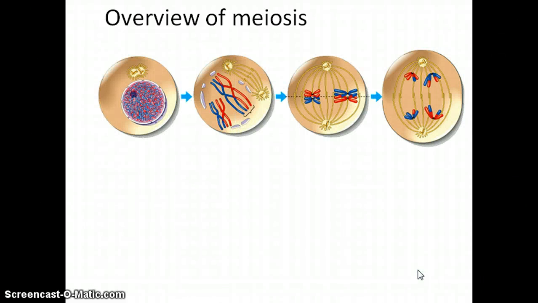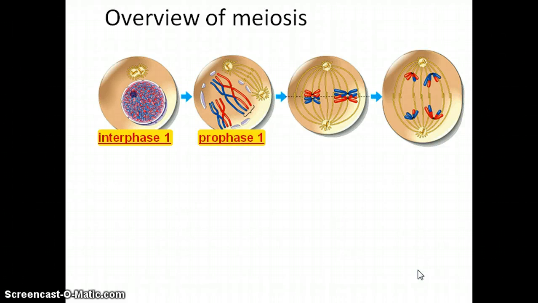Looking over meiosis among multicellular eukaryotes, animals, and humans, we have the different stages here, and we're going to go through each one. We have interphase 1, and this is actually the only interphase that will occur during the meiosis process.